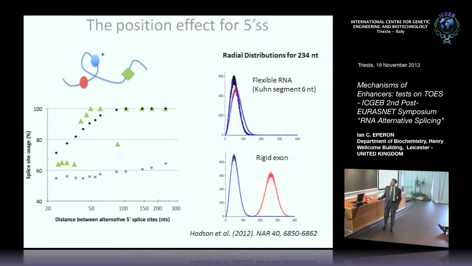But in fact, what we see is a very dramatic increase like so. And this is clearly inconsistent then with the diffusional model. And we came up with some other suggestions to do with the rigidity of the exon, which are wholly speculative and probably will be rejected in due course.